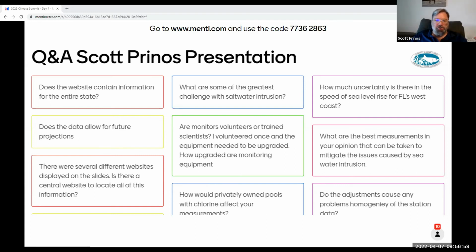Another question is, are monitors volunteers or trained scientists? I volunteered once and the equipment needed to be upgraded. How upgraded are our monitoring equipment? Well, the USGS operates quite a few standardized gauges.